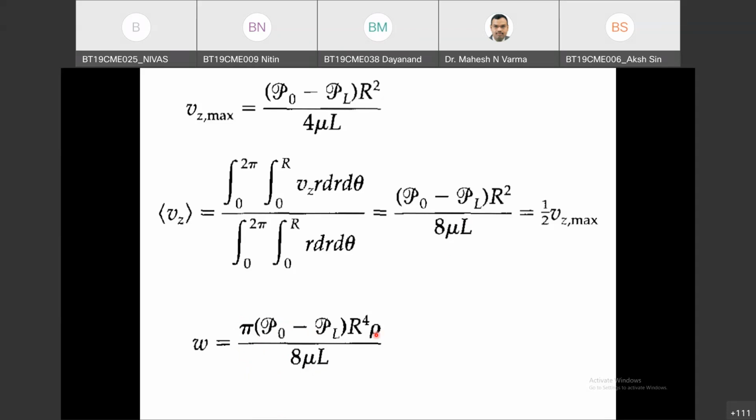And the name of this equation is Hagen-Poiseuille's equation. Hagen-Poiseuille's equation is most commonly used in chemical engineering, and this equation is important in fluid mechanics also, in heat transfer also, in mass transfer also, in reaction engineering also. Everywhere this equation is important.